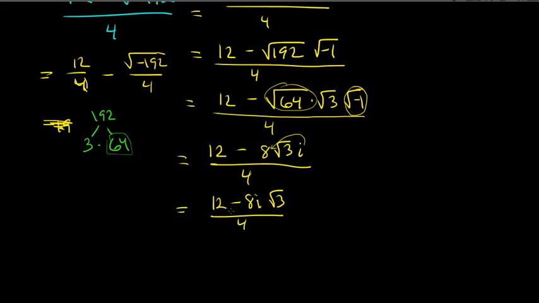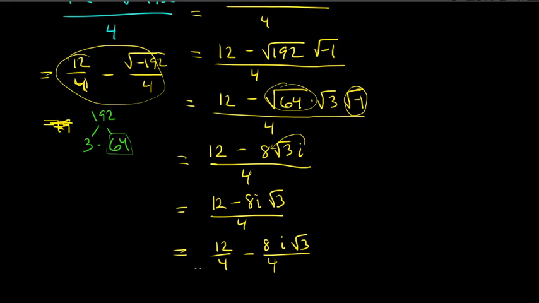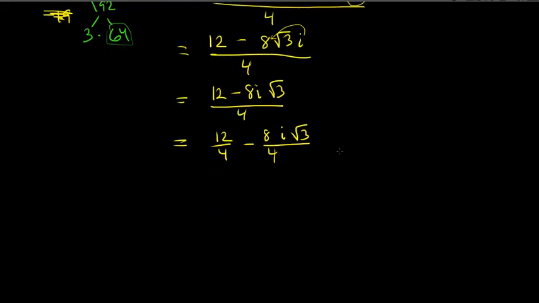So now we could split this up, and I was going to do that way over here, right? And now maybe is a good time to do that. 12 divided by 4 minus 8i square root of 3 divided by 4, right? So 12 divided by 4 is 3. And 8 divided by 4 is 2, but we still have the i square root of 3 here.